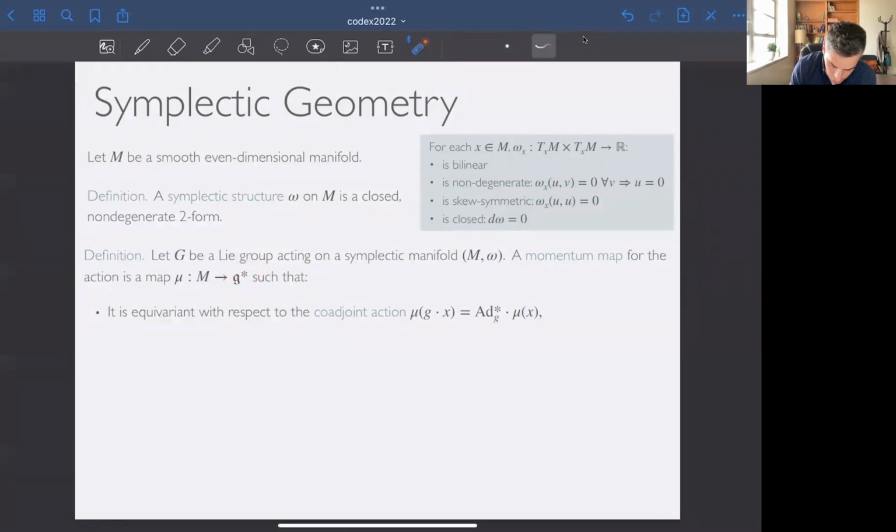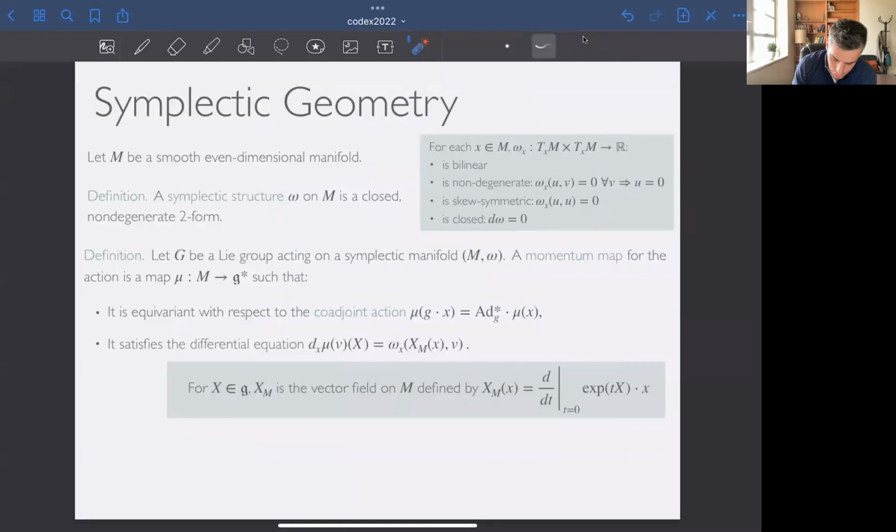The first is that it's equivariant with respect to the coadjoint action. So I'm not going to say too many details of what this is. We'll come back to it in a couple slides. But basically, there's an action of G on little g star. Okay, and I want it to be the case that if I act on a point X by an element of my Lie group and then do the momentum map, that's the same as do momentum map, then act by G, in the target space.